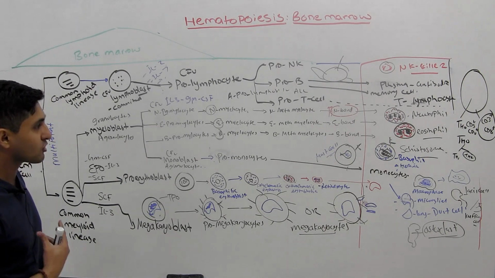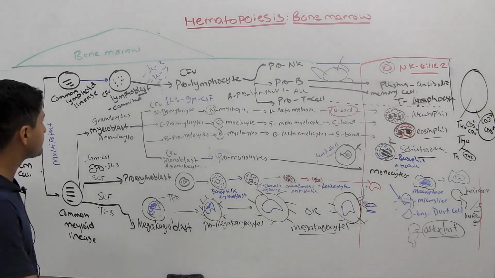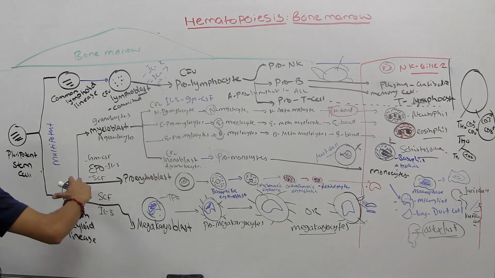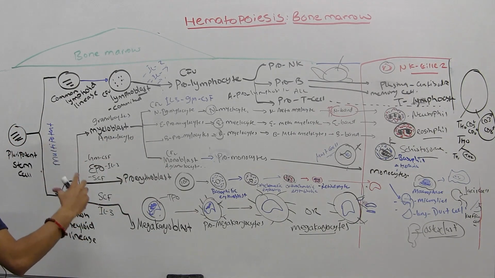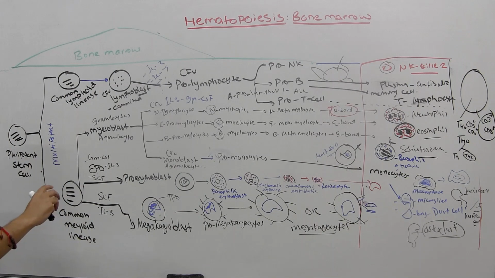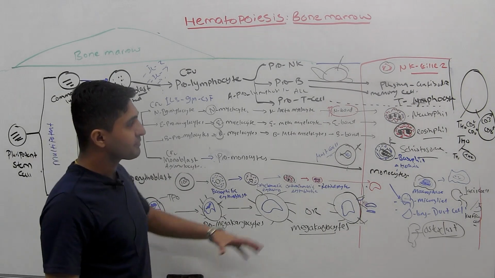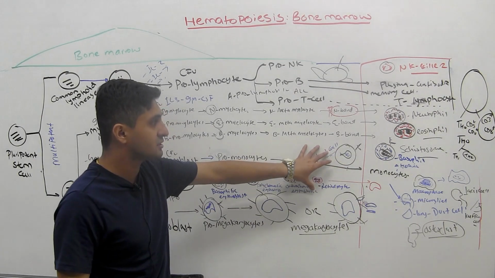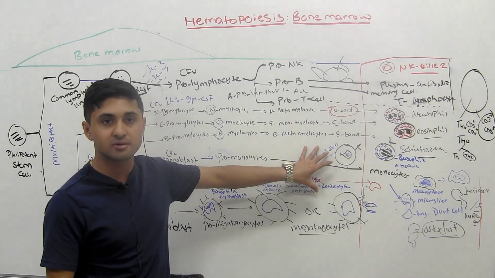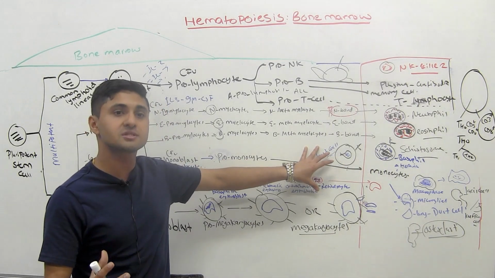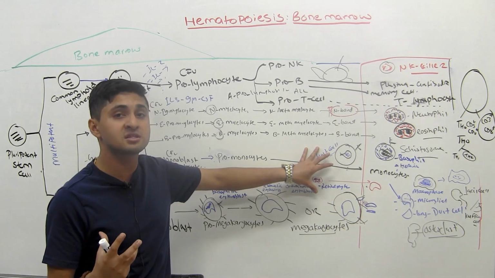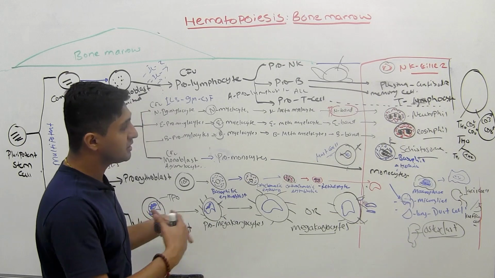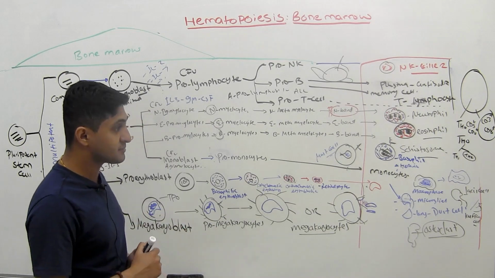Now, one of the most important things is this bone marrow house. These cells love to be in their house, which basically means all the cells love to be with the stromal cells, okay? Because the stromal cells are very important for concentrating a lot of these growth factors, and they are required for the proliferation of all these stem cells.